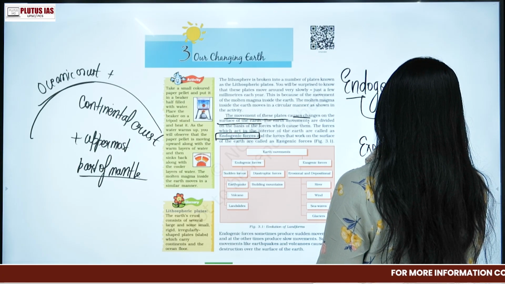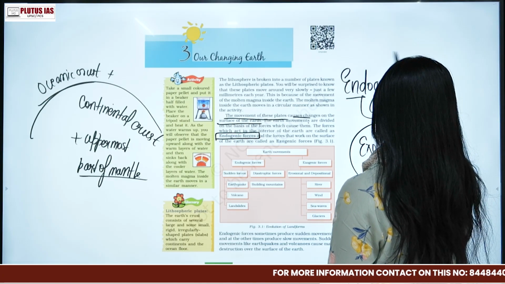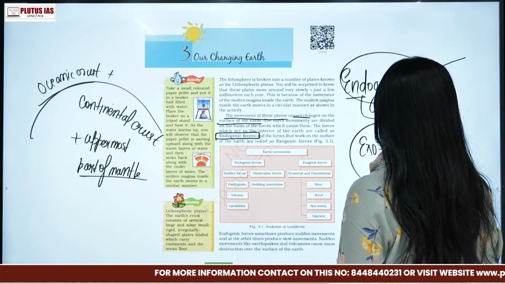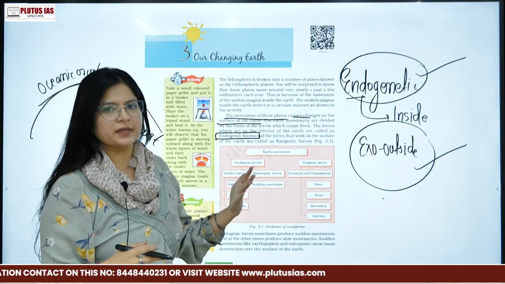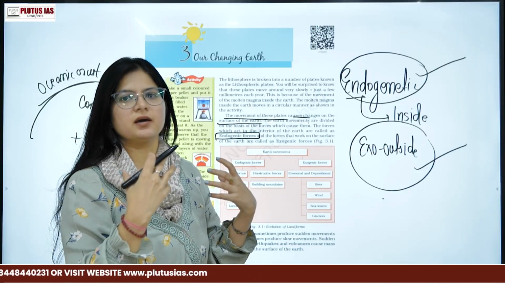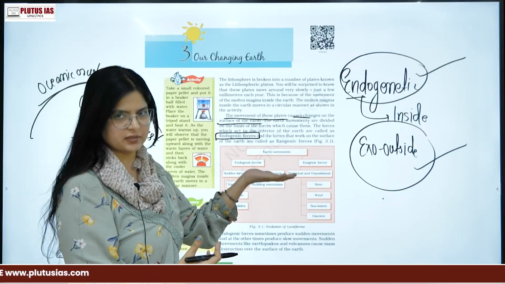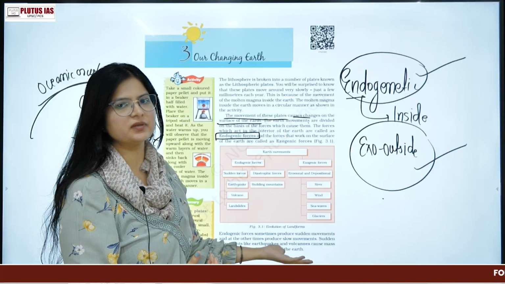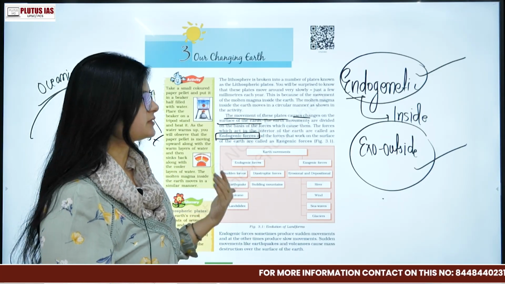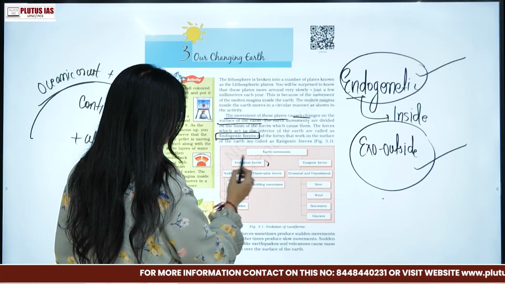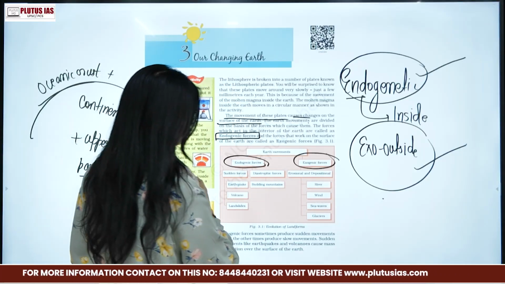So force applying on the inside of the earth's crust is endogenic, and the force working on the outside, on the top of the earth's crust, is known as exogenic forces.